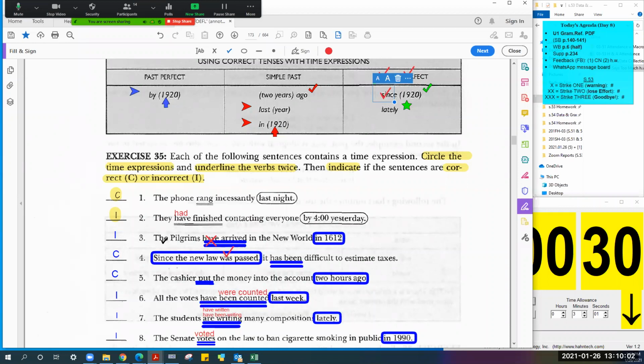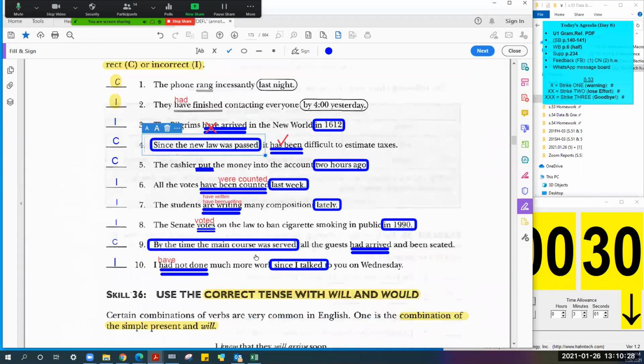This expression plus the present perfect. Do you understand now? Yes. This expression plus the present perfect. Down here, same idea. This expression plus the present perfect.